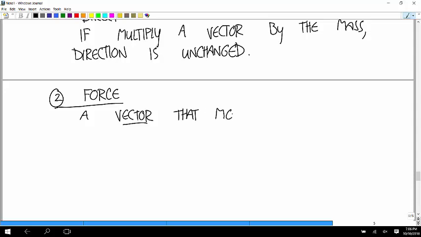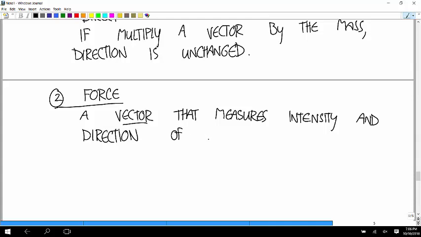It measures the intensity and the direction of pushing or pulling, let's say on an object.